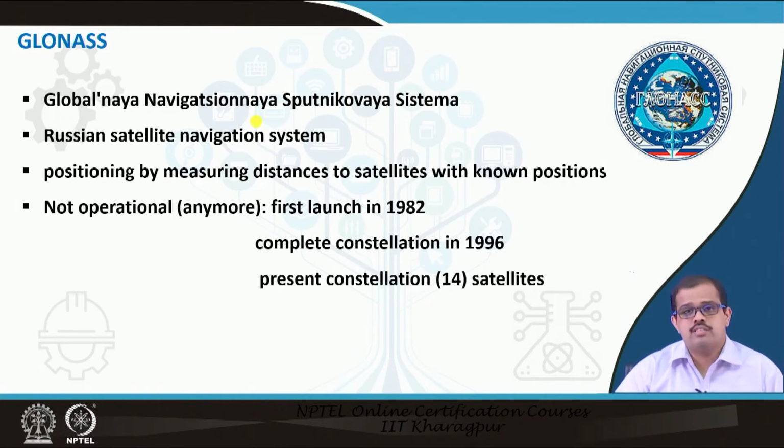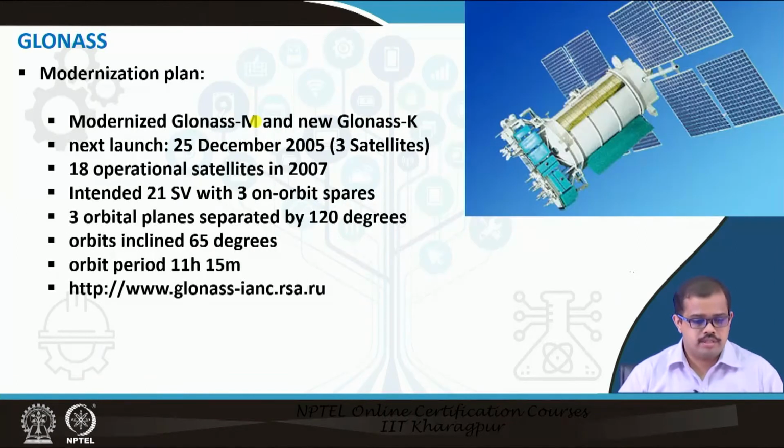It was first launched in 1982, and the constellation was completed in 1996. The present constellation has only 14 satellites, so many of these may not provide the exact location on the ground. GLONASS was extremely efficient in terms of locational measurement.